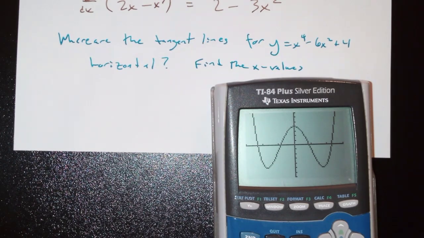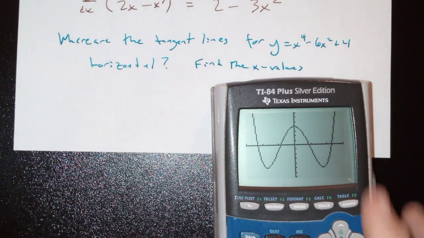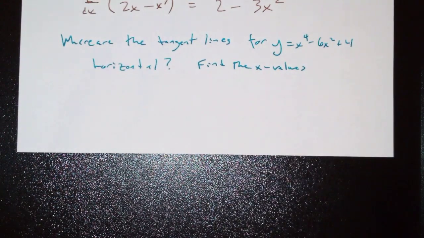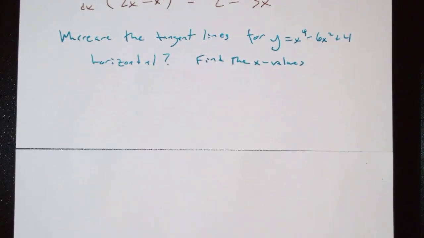Because I know that the slope of my tangent line is given by my derivative. And I've told you I want the tangent lines to be horizontal. What's the slope of a horizontal line? The slope is 0. I need to know where my slope is 0.